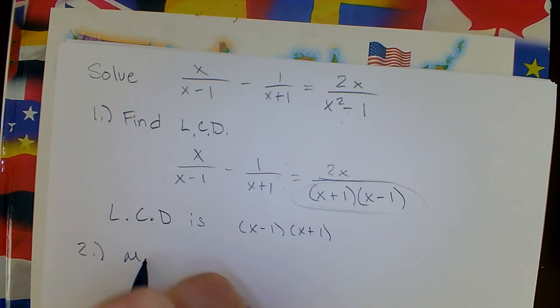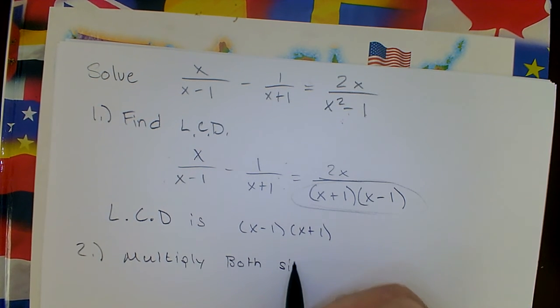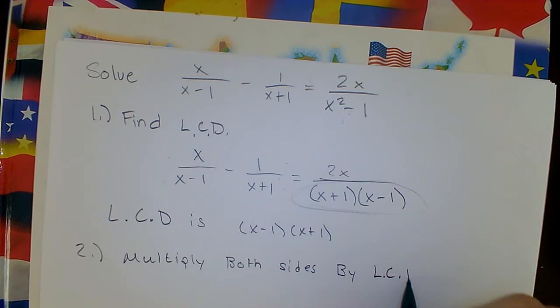is to multiply both sides by the least common denominator.